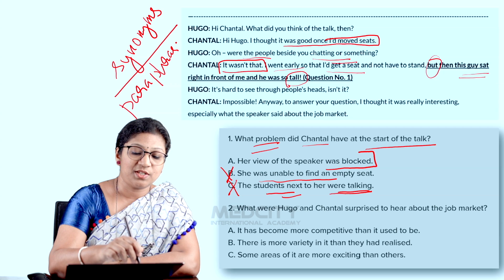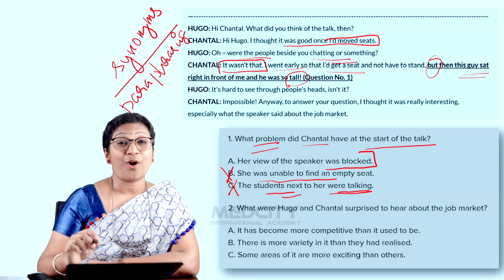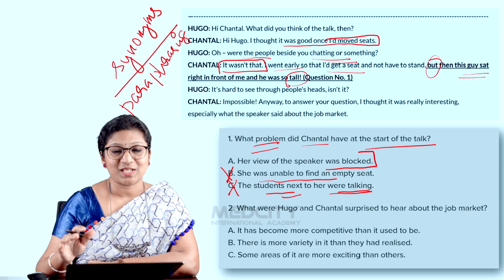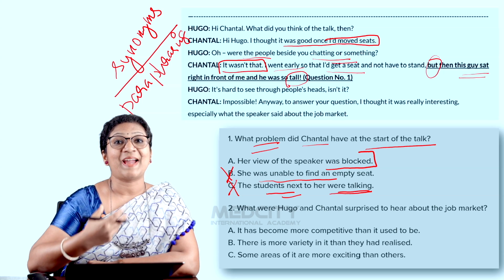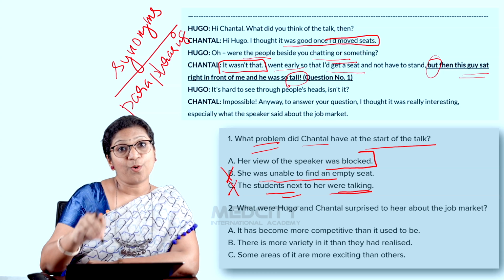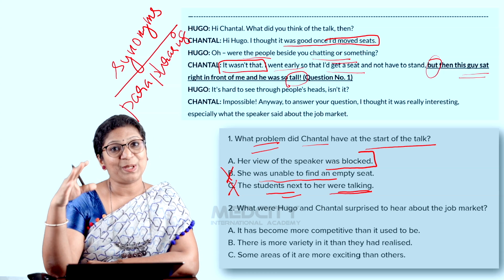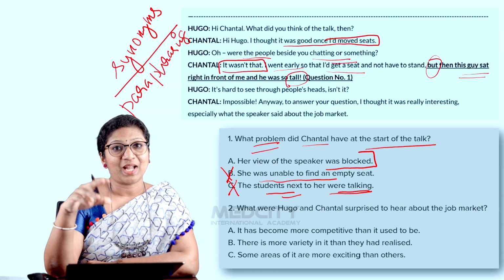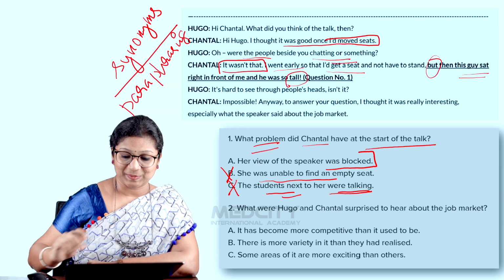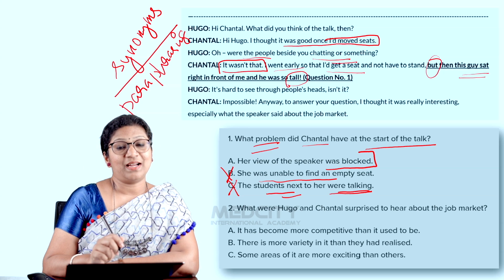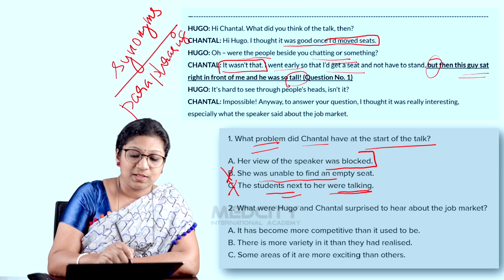So if you wait to listen to the same word, tall guy, you're never going to listen to it. But we have to look at the implied meaning. So we need to go above and beyond just the words matching and look for the meaning that is conveyed. So the right answer for question number 1 is A.